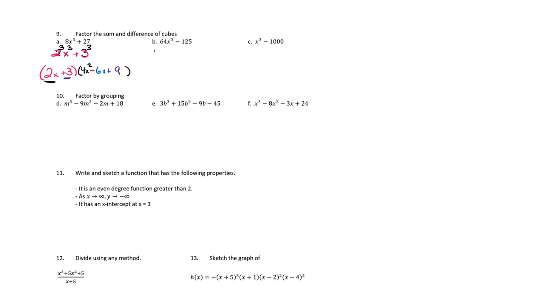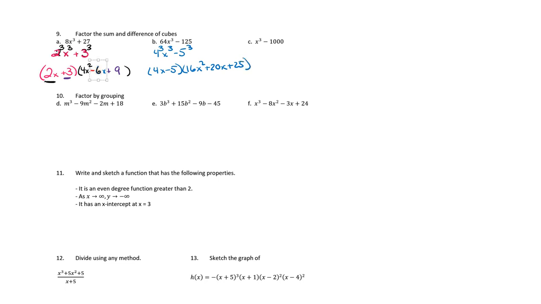Moving on. 4 cubed, 3 cubed, 5 cubed. So the first one is 4x minus 5. The next one is 16x squared plus, because the opposite sign, 20x, always positive, 25.